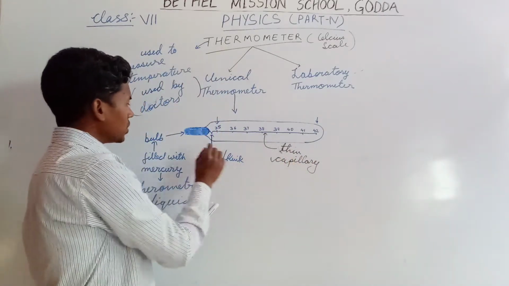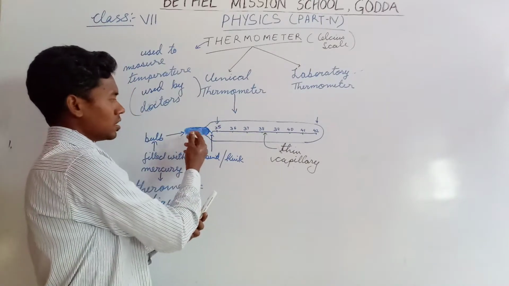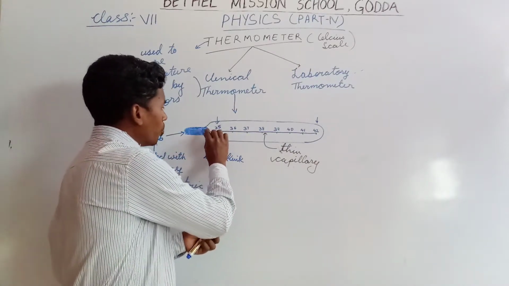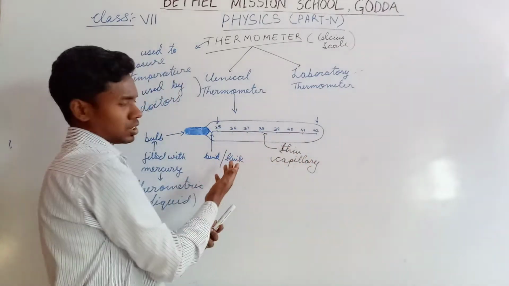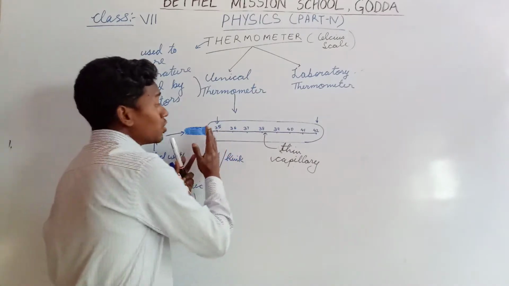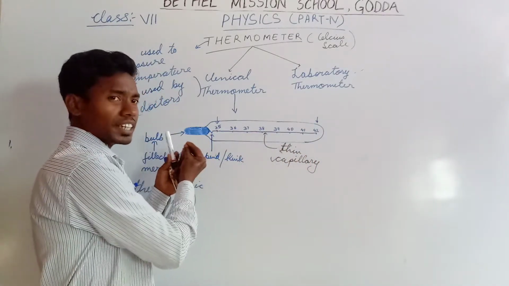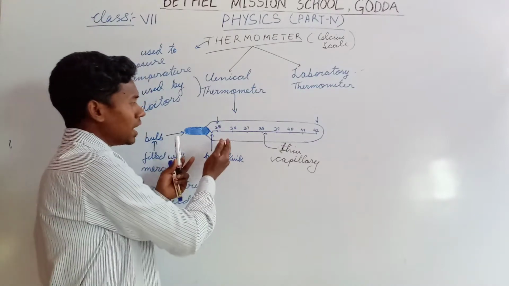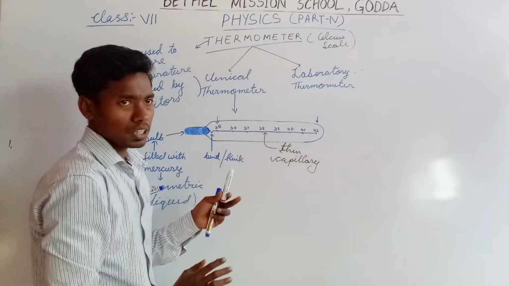The mercury inside it, when it expands, passes through this thin capillary. The more it gets heated up, the more it expands and the further it moves in this thin capillary.